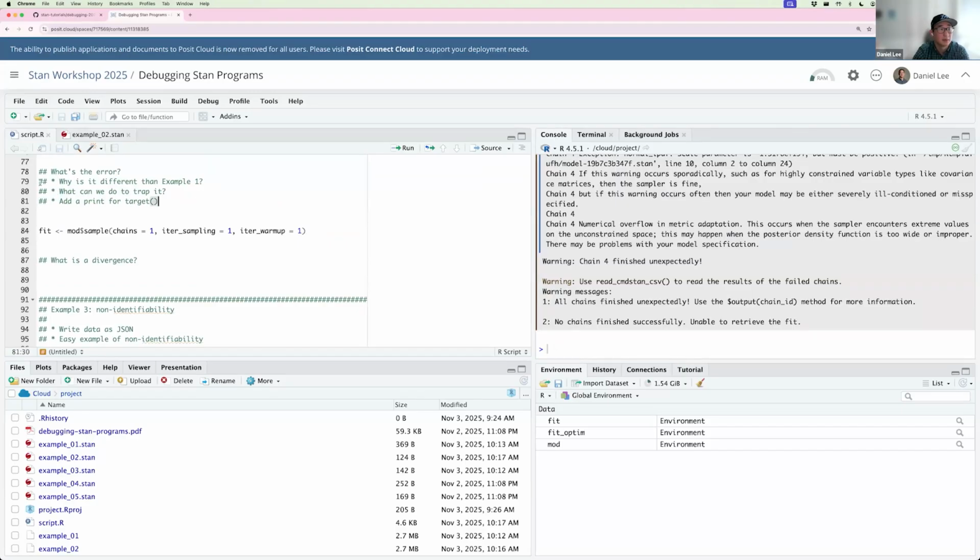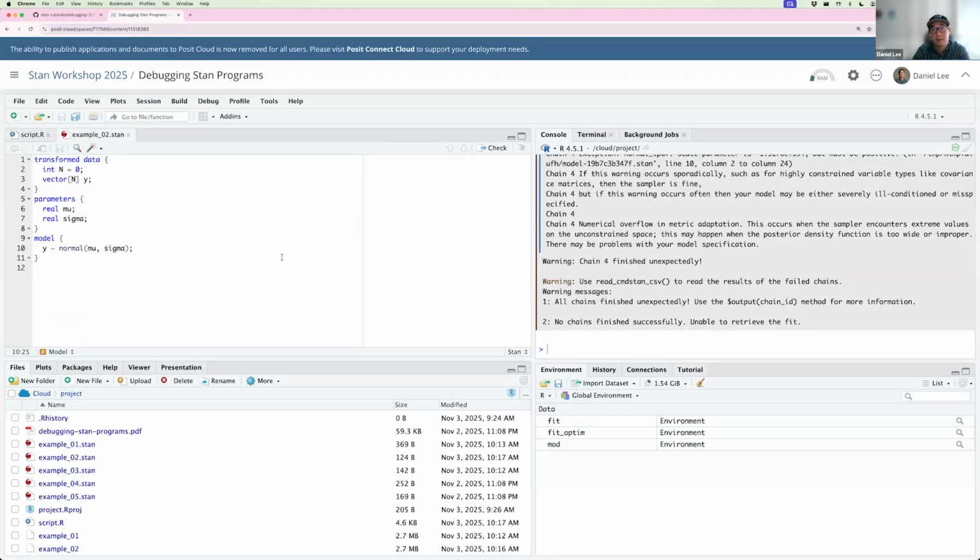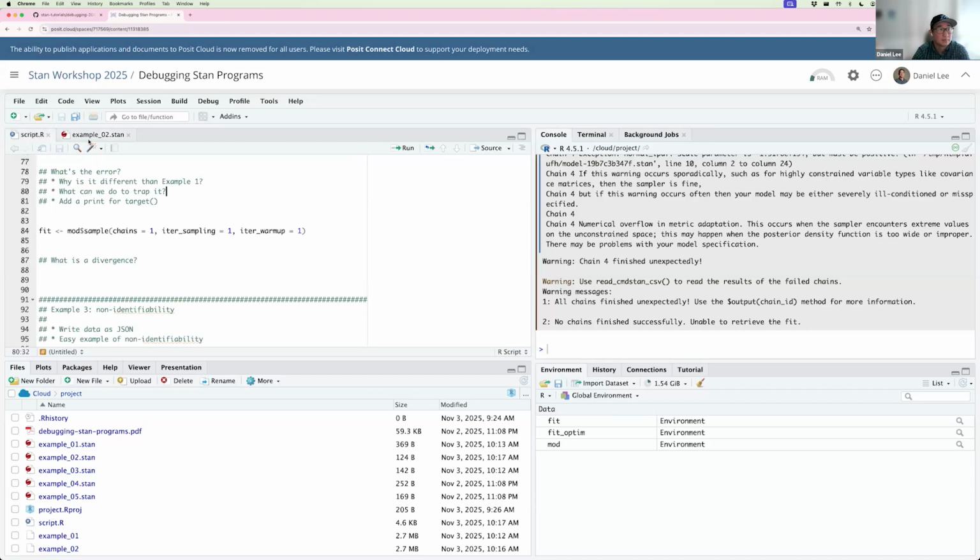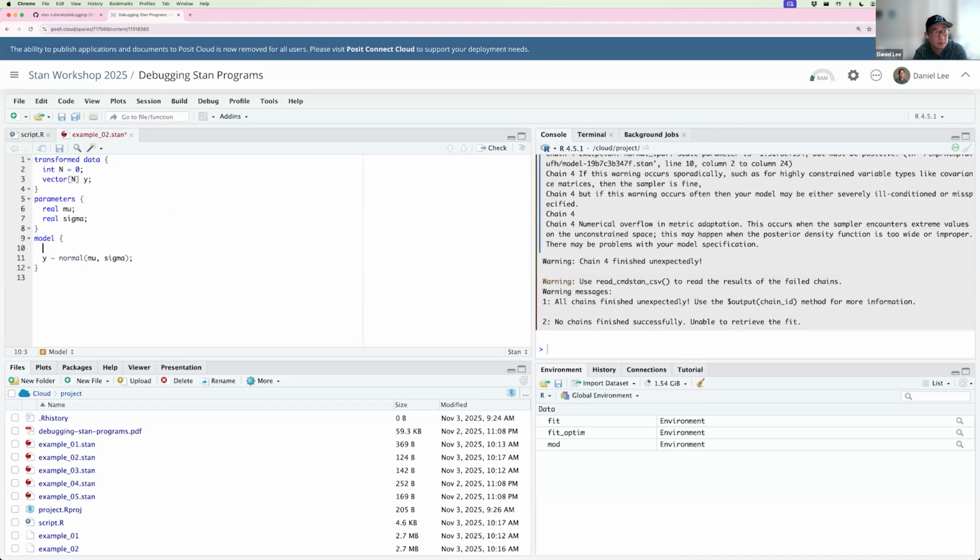Okay, so why is this different? What can we do to trap this? Any ideas? Have any of you printed out the target before? There's a function inside Stan called target, and that'll print out what the target value is.